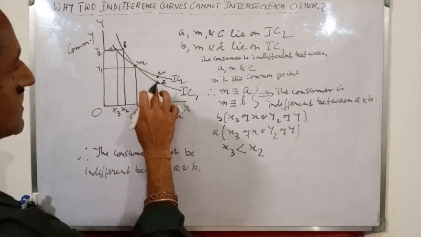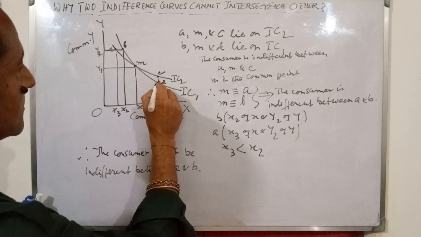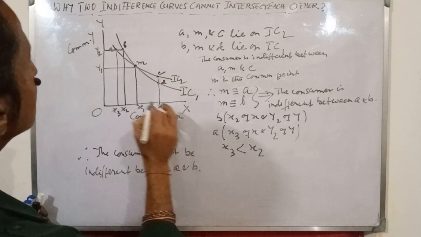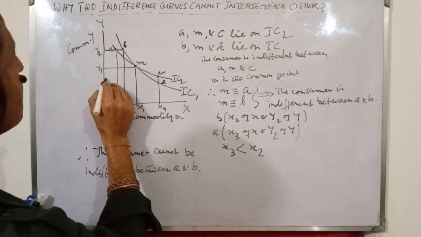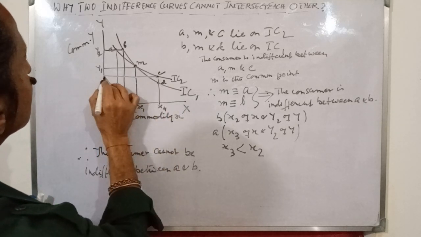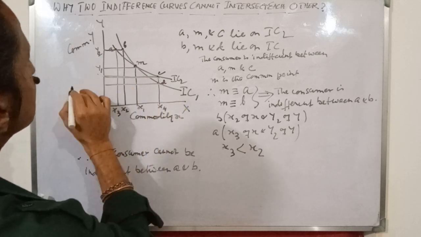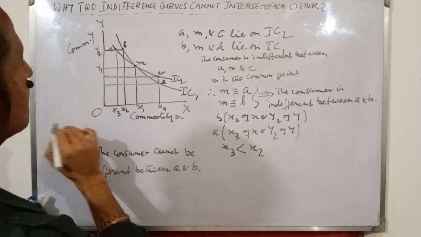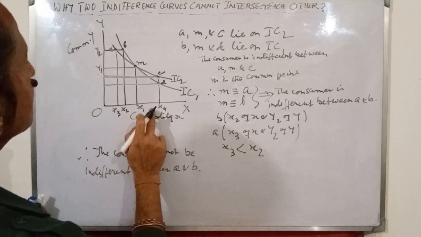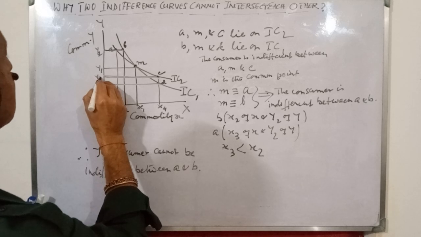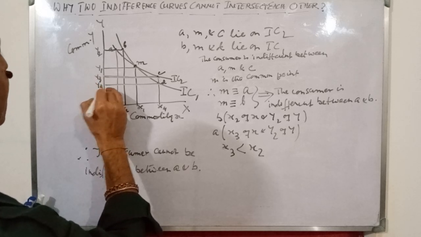Now consider points C and D. Let this be x4, this be y3 and this be y4.